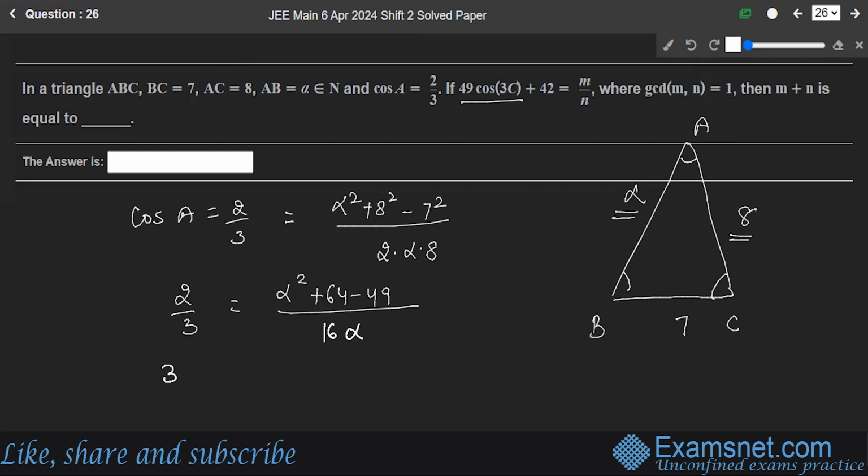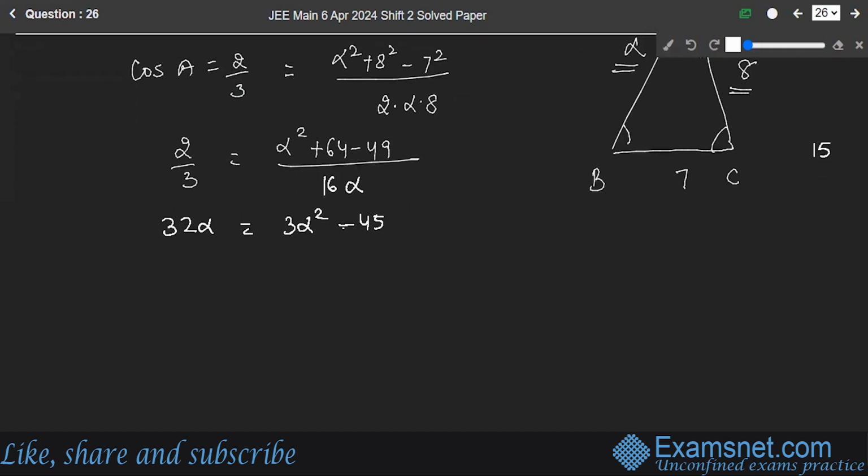And this gives me 32 alpha is equal to 3 alpha square plus 64 minus 49, that is 15. So this is 3 alpha square minus 32 alpha minus 45 is equal to 0.